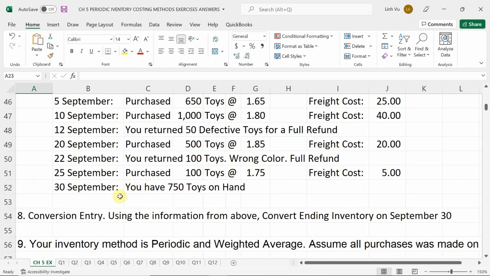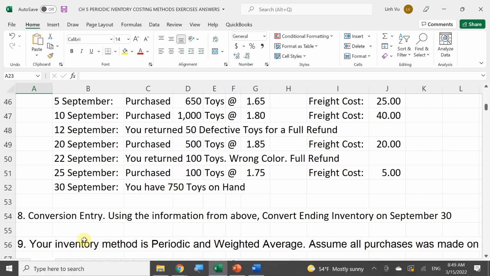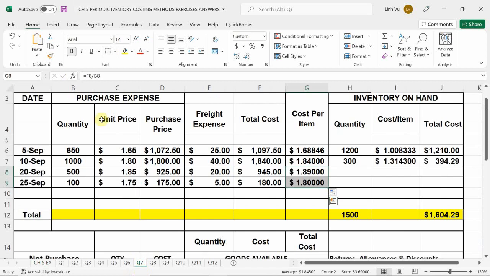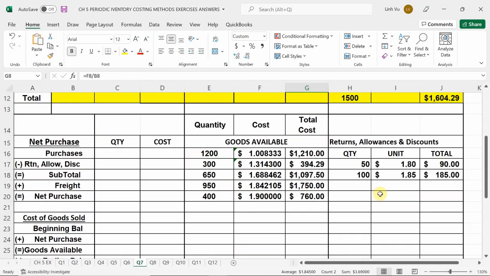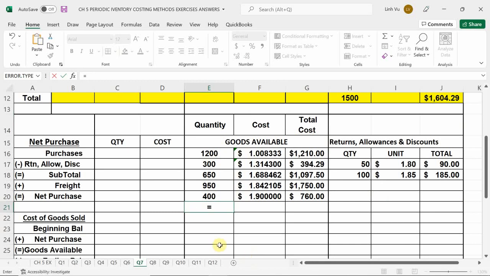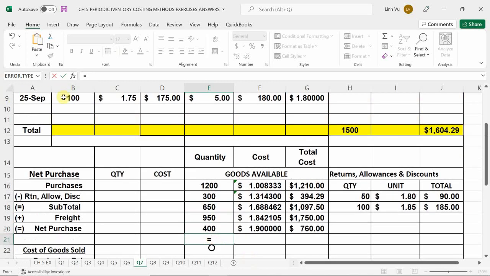And of course, because we saw here that we reached the end of our scenario, the end of the month. So on September 30th, you should have had a total of 750 toys on hand. Okay. So that means I can carry this value into my goods available because no returns were made for this 100 here.